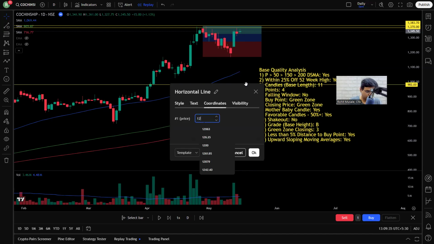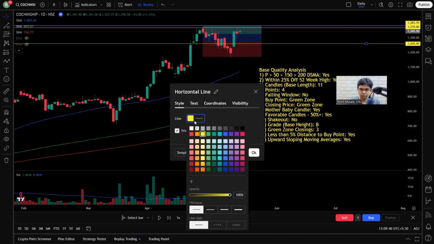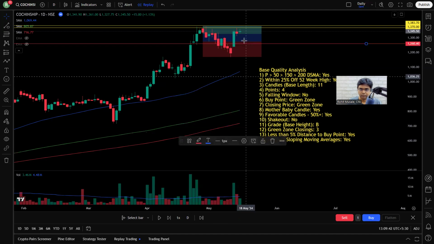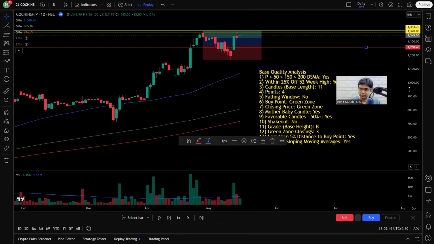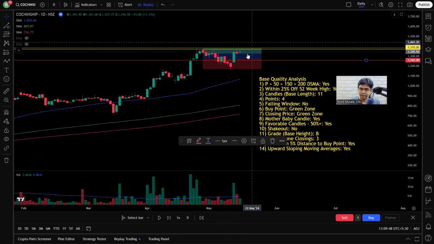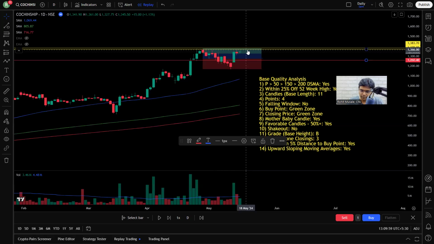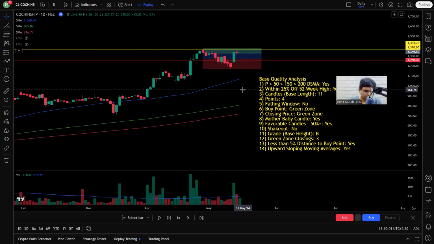So 1260.40. That's your stop loss. Here is the stop loss, 8% below the first yellow line. Then you need to draw the targets. First target is 20% above the first yellow line. Second target is 25% above the first yellow line. So 1370 multiplied by 1.20, 1644.